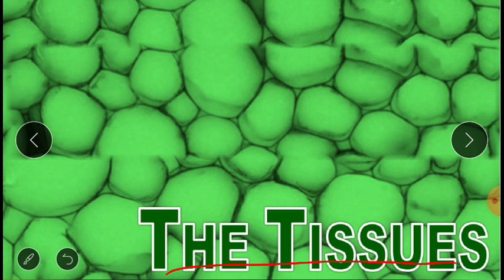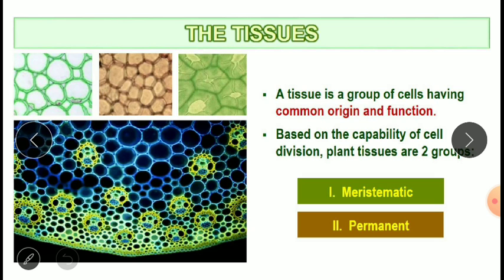Tissue is nothing but a group of cells having common origin and function.